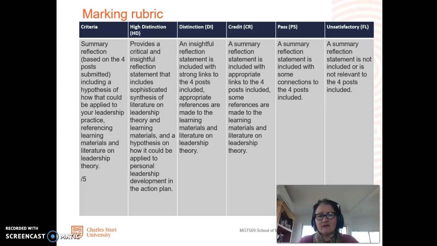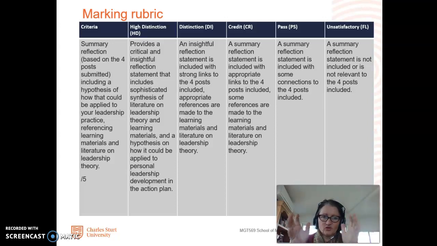The summary reflection, look at this, and this is based on the 4 posts submitted. So you do a summary reflection of those 4 posts, okay, not of your whole thing, a summary reflection of those 4 posts. And I'll make sure that when I run a session on this with you, an online meeting, that I stress that as well.